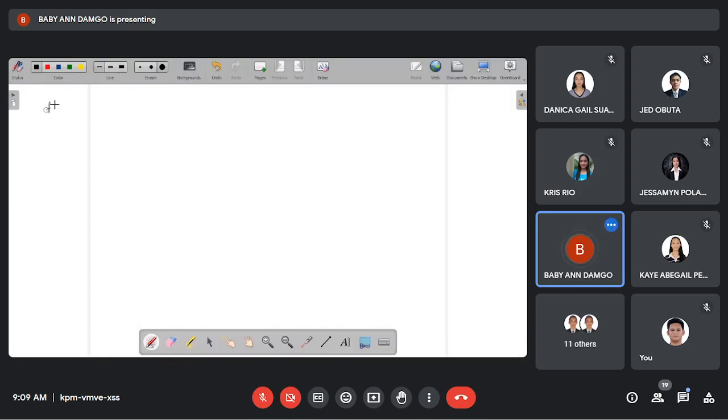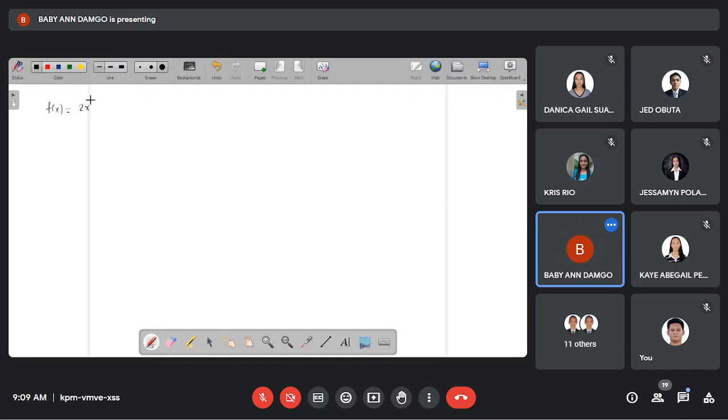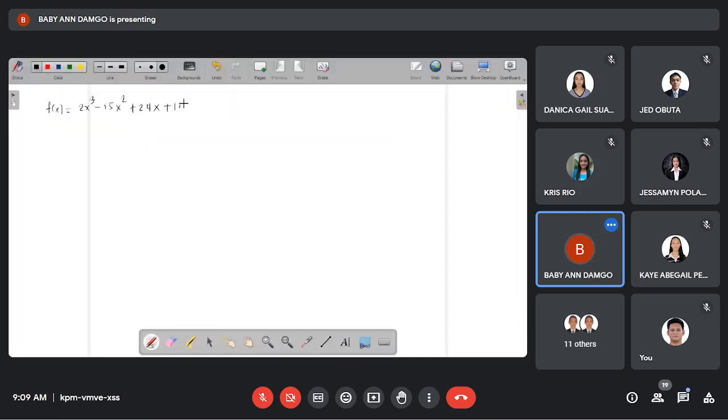So we have here f of x is equal to 2x cubed minus 15x squared plus 24x plus 90. For the first derivative, we have 6x squared minus 30x plus 24. Next we need to find the critical values.